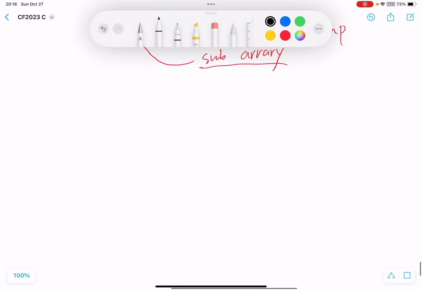Okay, last part will be complexity. For this part, what algorithm do we use? We don't use much complex algorithm. The only algorithm we use is KMP.